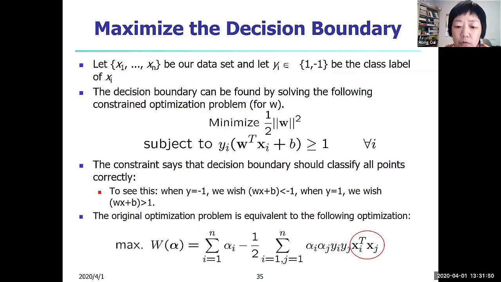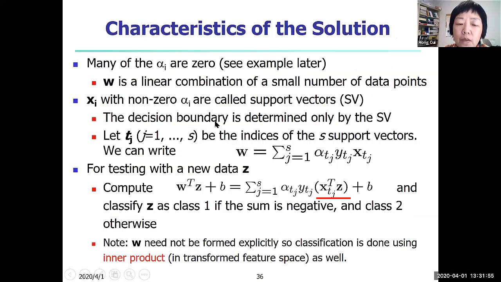I think one part of the beauty is they figured out that alpha is directly related to the support vectors. Any data point that is not a support vector is going to have an alpha of 0. Support vectors are the only ones with non-zero alpha values. Because of the equivalence of the optimization problems, the weight we were looking for is just a weighted sum of all the support vectors.